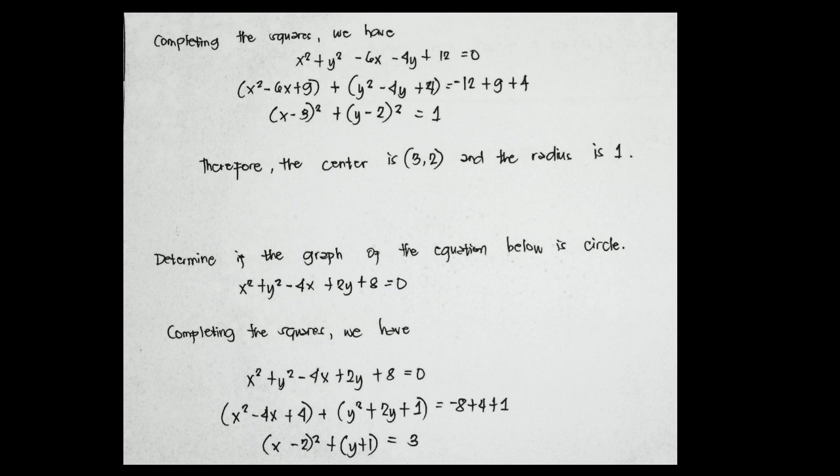Then we simplify the whole numbers, which are negative 8, positive 4, and positive 1, and the answer is positive 3. So the center is 2 and 1, and our radius is positive 3.